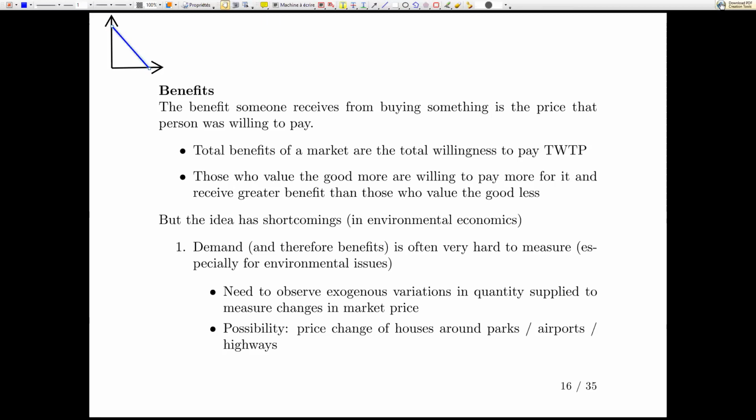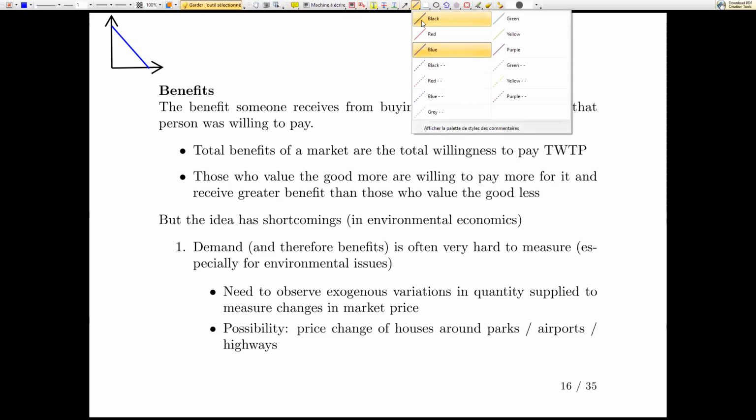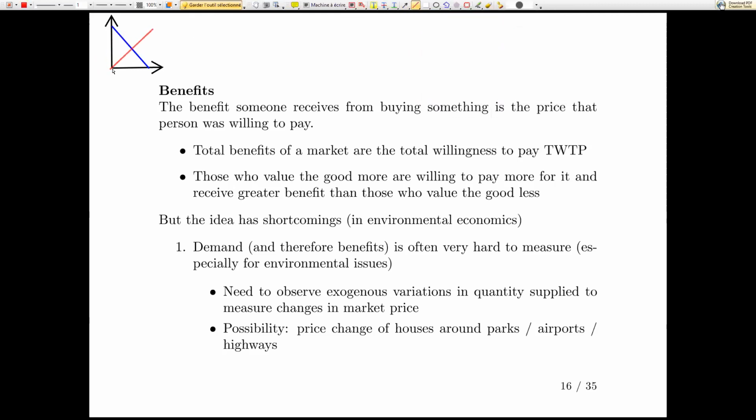For private goods, even, the problem is you never observe something quite far from the market equilibrium. So let me draw a market equilibrium here. If, say, the supply curve shifts here or there, that gives you some idea of the elasticity of the demand curve around the equilibrium.